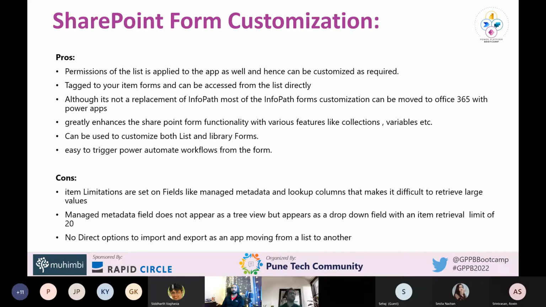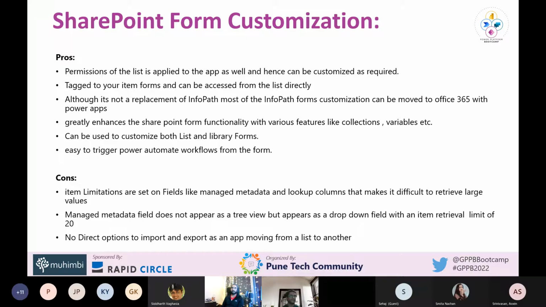There are some cons as well with this approach: there are certain fields, if you have managed metadata or lookups, and we know Power App is an ever evolving tool. There are changes being done daily. Microsoft is continuously working on improving it. But currently, if you are using complex field types like managed metadata, the retrieval of it is not as we used to do with InfoPath or any direct connections.